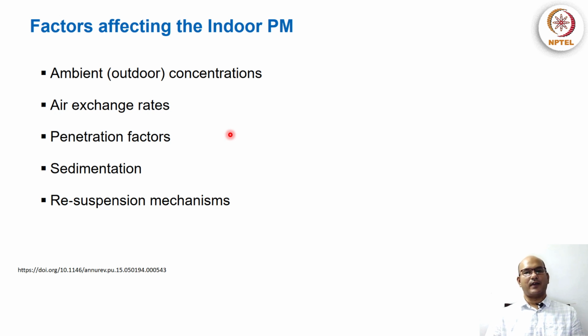Now, there are various factors that may influence the indoor particulate matter burden. One, of course, because we have seen, outdoor air can be a source of indoor air pollution. So, we have ambient concentrations, air exchange rates, then penetration factors, then sedimentation in the indoor environment, and also what are the resuspension mechanisms, like people walking will resuspend.